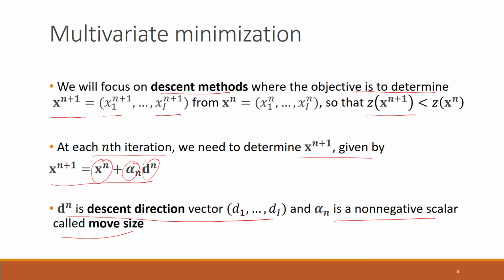To give an intuition, if you are currently at this point x_n, we want to determine the direction in which we want to go from x_n, and how much we want to move in that direction, which is determined by alpha_n. So these three things together are required to determine x_{n+1}.